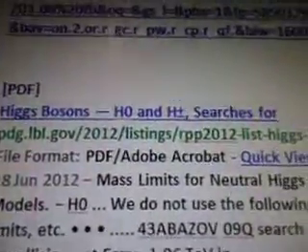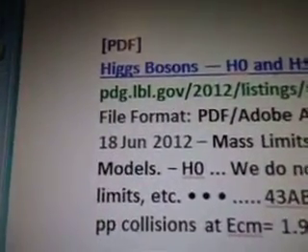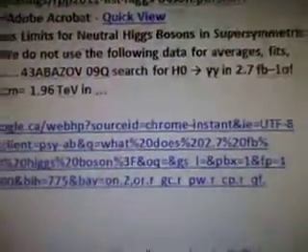Higgs boson, H0 and H plus minus, searches for, it's pdg.lbl.gov, June 2012. Mass limits for neutral Higgs boson in supersymmetric models. I don't know what that is, some sort of equation there. Okay, collisions and stuff, that's on the Google link there.